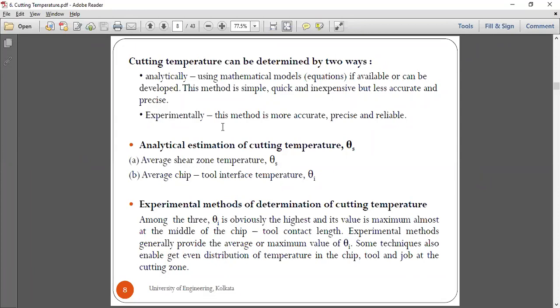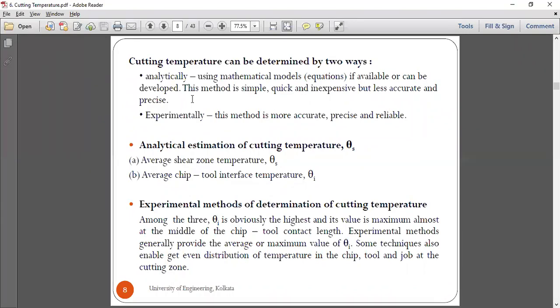Because see, experimentally, when we perform the machining, it may not happen that the temperature which is generated is constant throughout the machining process. It may change or vary, which you will not be able to get in case of any kind of mathematical expression or mathematical models. Mathematical models will give you a specific value: suppose you have some input variables and the output variable is the cutting temperature.